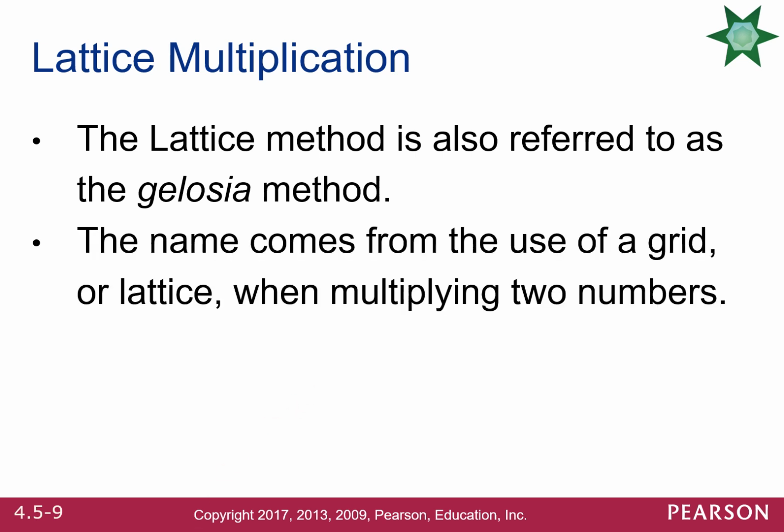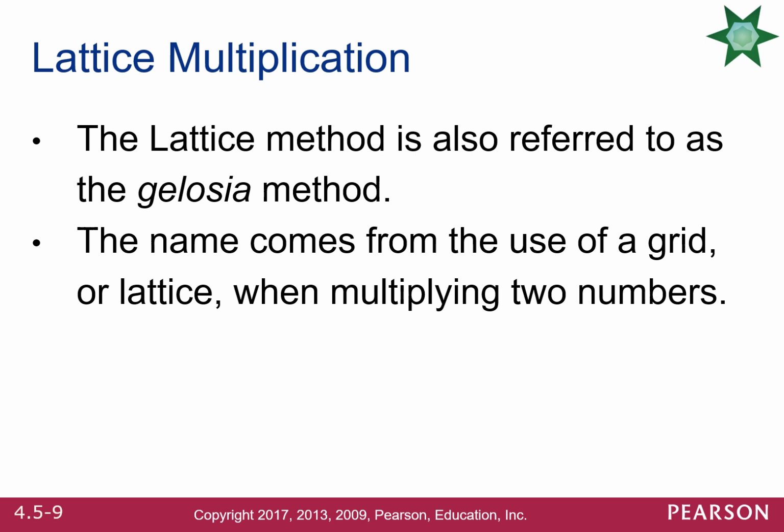Now, this is a grid-based system, and we begin by constructing a grid in the form of a matrix. How big that matrix is going to be will be determined by the number of digits we are multiplying.